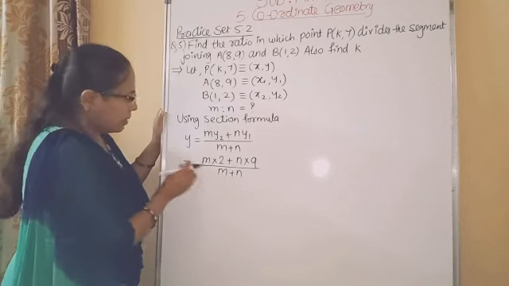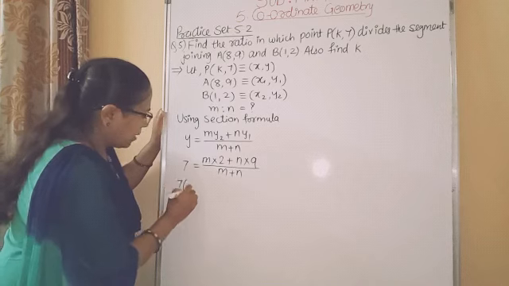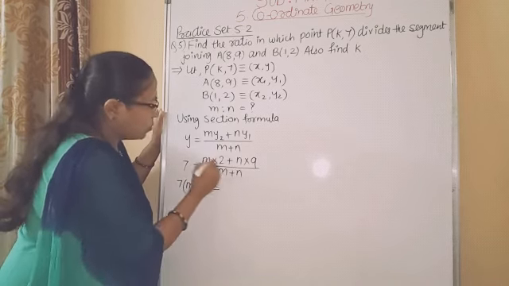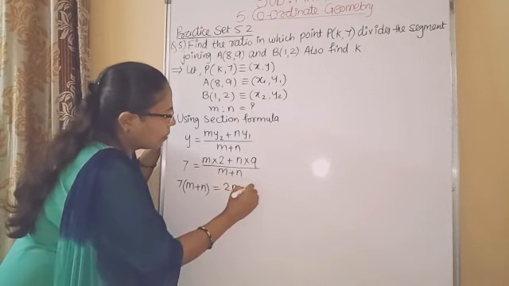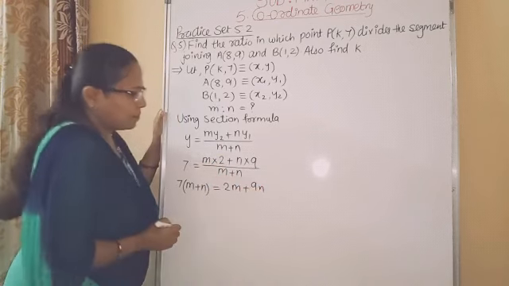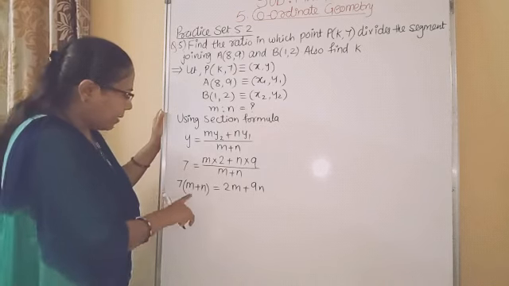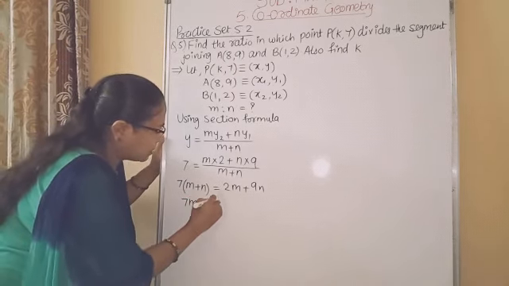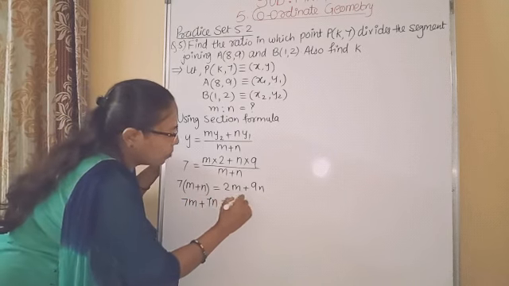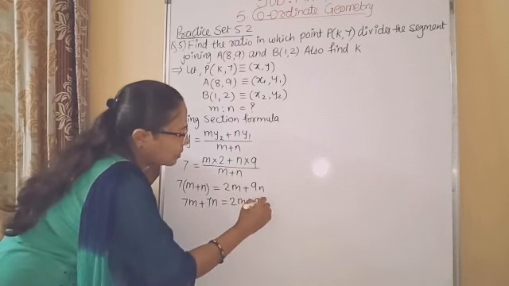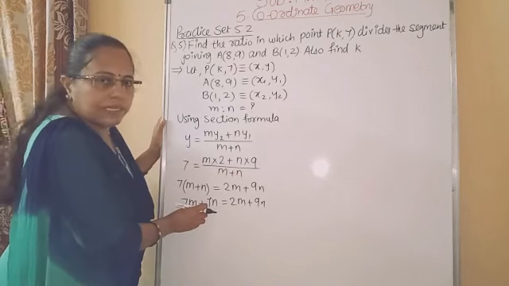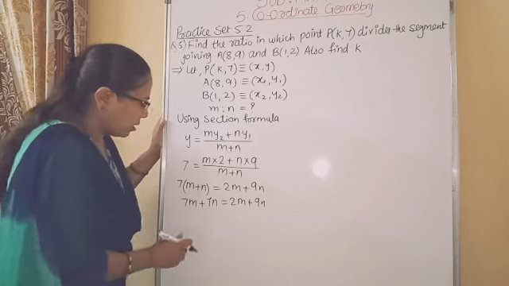Now we will do cross multiplication here. 7 into (m plus n) equal to 2m plus 9n. Okay, now multiply this: 7 into m, 7m plus 7n equal to 2m plus 9n. Now we will take m variable terms on one side and n variable terms on another side.